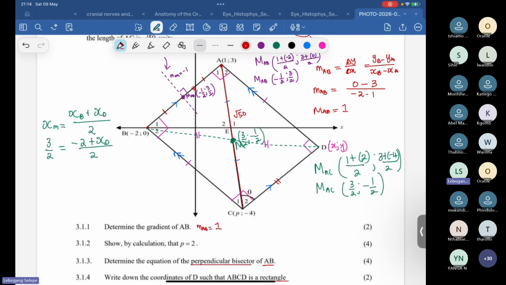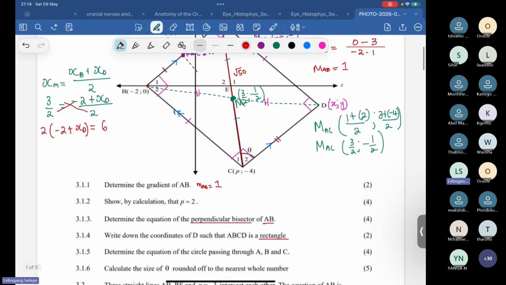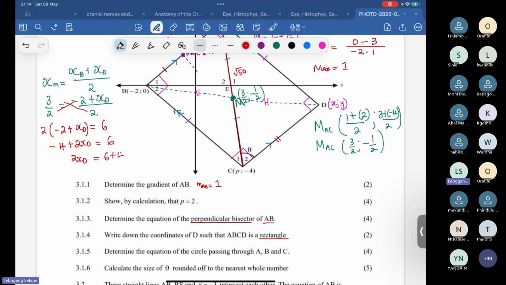Cross multiply, this is going to be 2 multiplied by negative 2 plus xd is equal to 3 times 2, that's 6. Then you have negative 4 plus 2xd is equal to 6. And you have 2xd is equal to 6 plus 4. Therefore, 2xd is equal to 10. Divide by 2, divide by 2. Therefore, the x value of D is equal to 5.